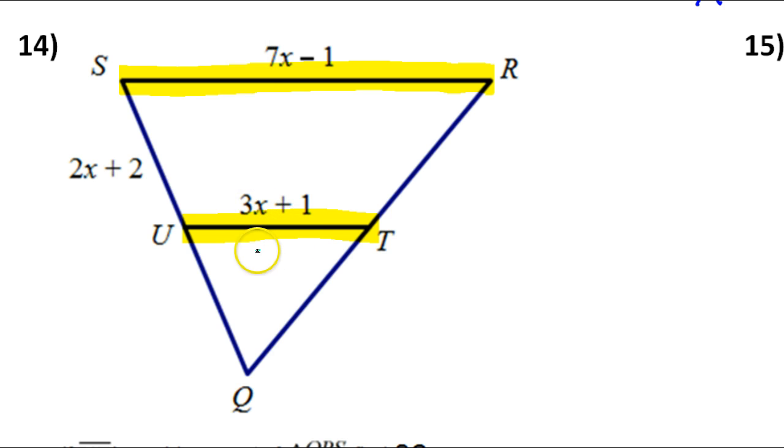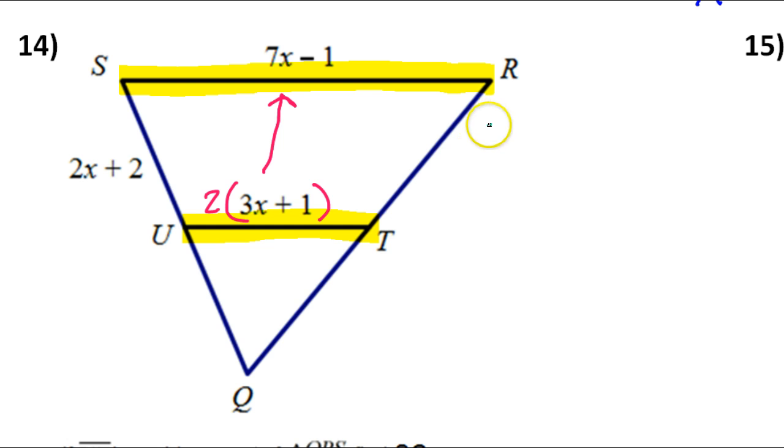So for example, if this was 10, then this would be 20, just as an example. So when we go to make an equation, what we need to do is to double this one. If I were to double this, then it should equal that one.